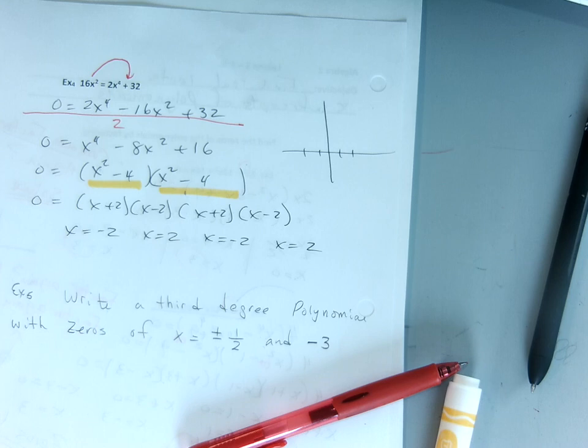This 2 happens twice. So it goes through it, and it goes back through it again. See how it goes through it twice in the same spot? It's called a double root.